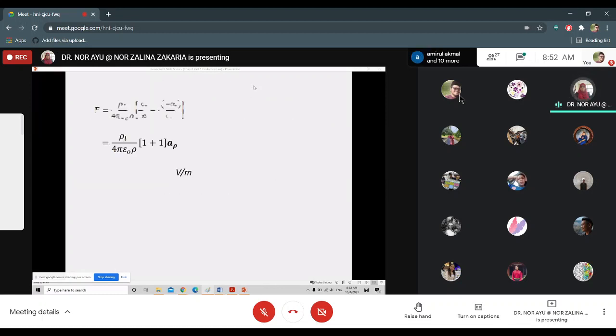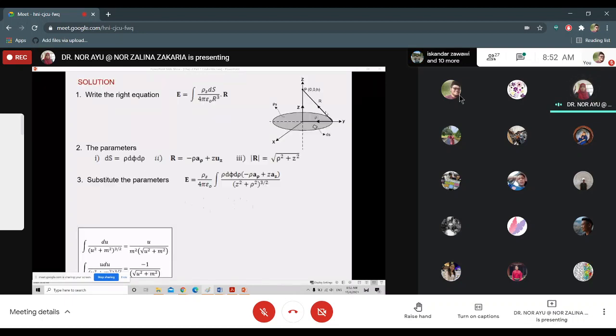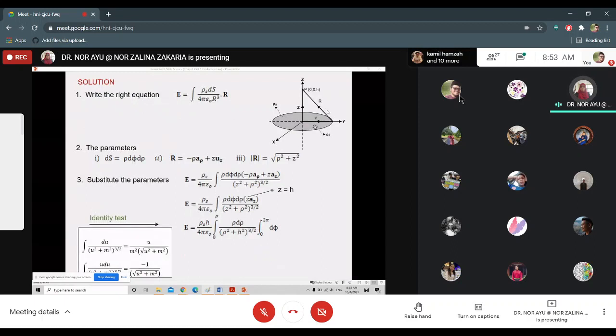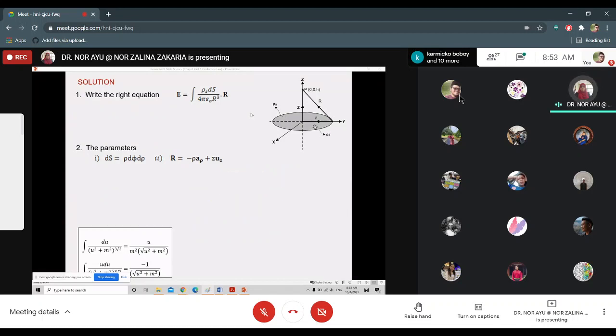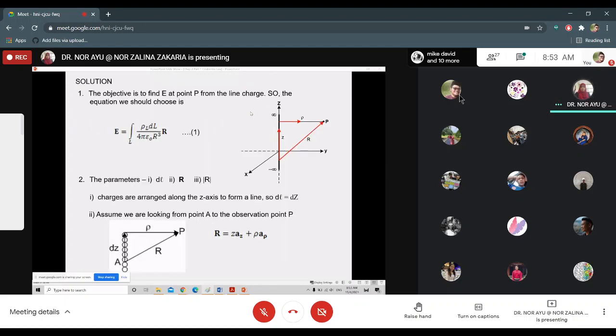Equation dia panjang, I mean solution dia panjang. So we only cover two, only line and surface sahaja. Kita tak cover untuk volume because it's a bit complicated.